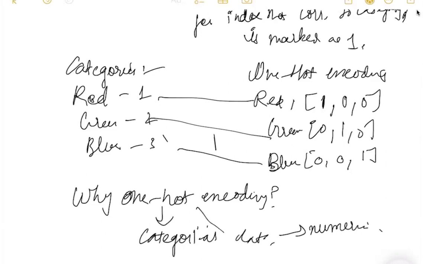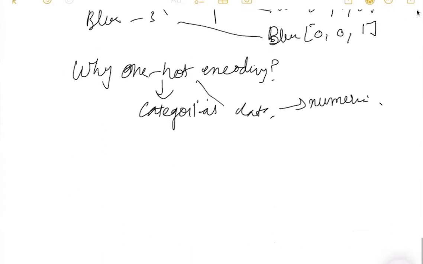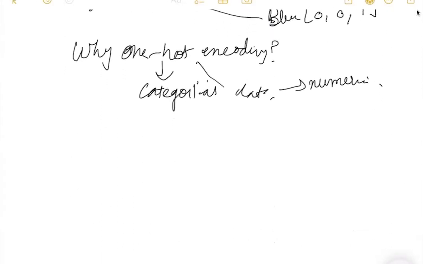It ensures that the model does not misinterpret the categorical values as ordinal. Ordinal and nominal are different categories in categorical data. Ordinal means having a specific order.